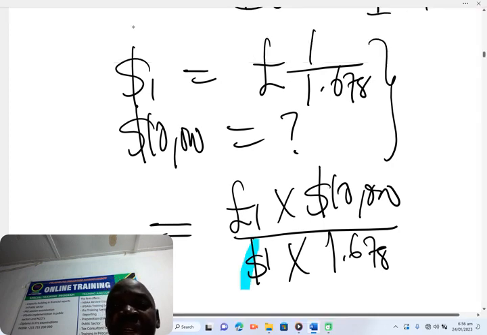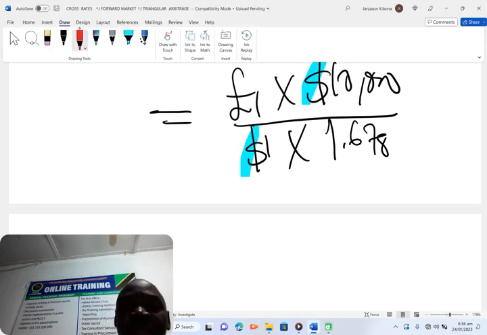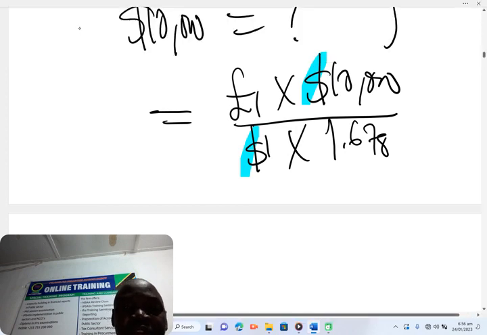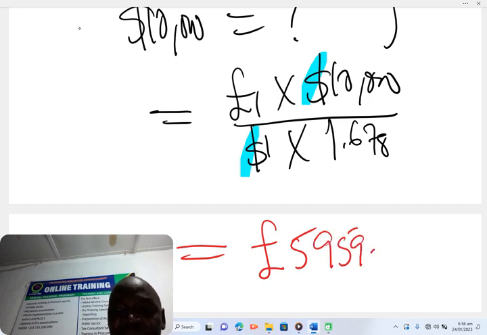So this dollar, we cancel. Yes, how much is the transaction? First of all, you should get the transaction 5, and then 9.5. Isn't it? Yes.